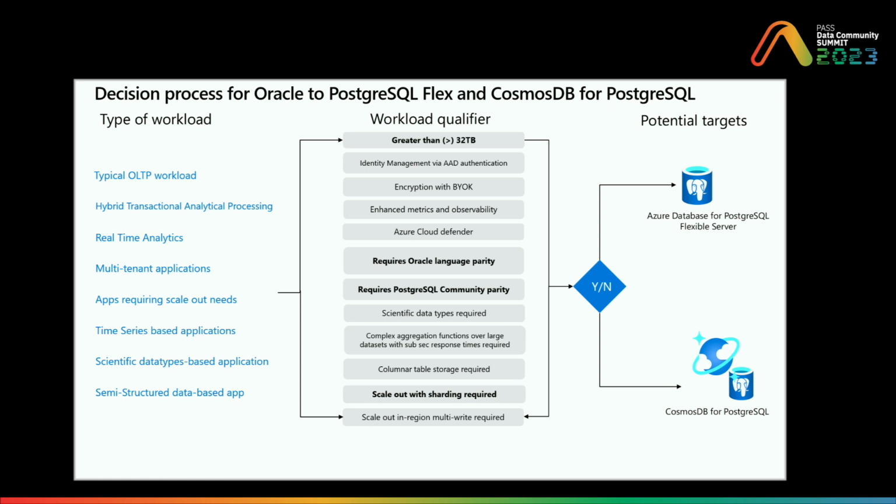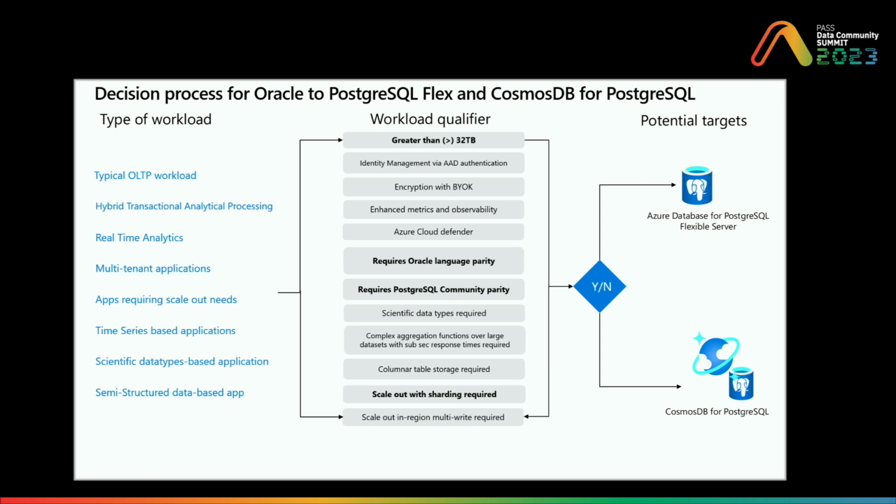So there are certain workload qualifiers which can help you easily identify which of these two services you should go for. A very simple example: to start with, what's the size of the database that you have today, and what's the growth that you are anticipating?